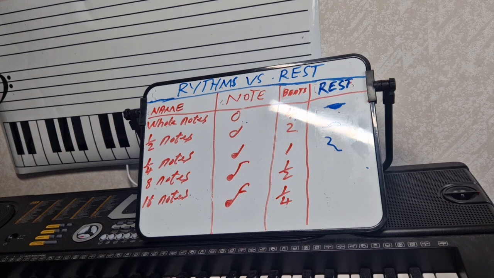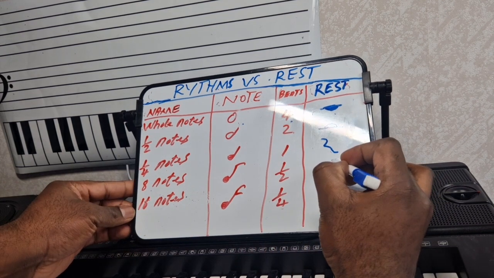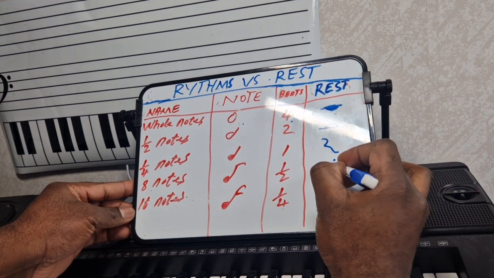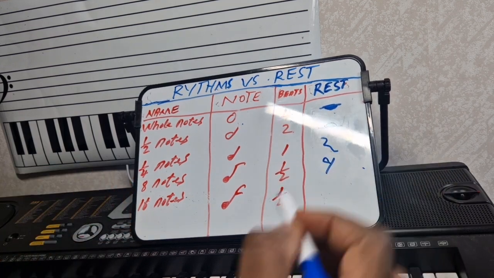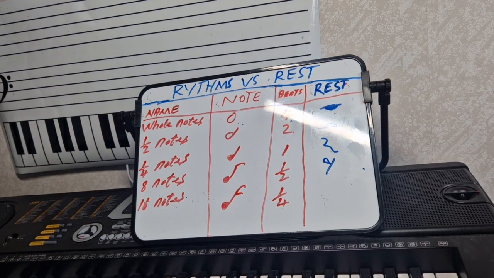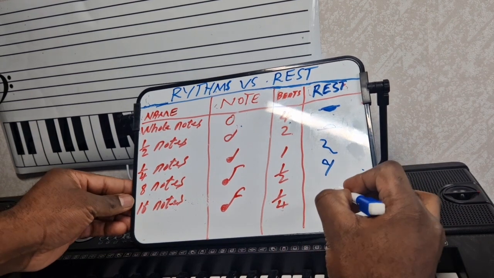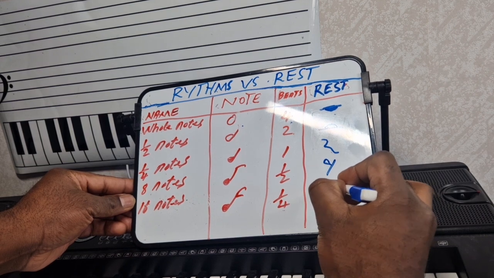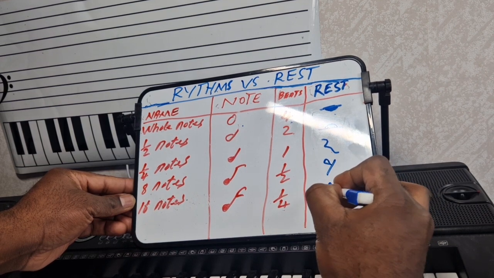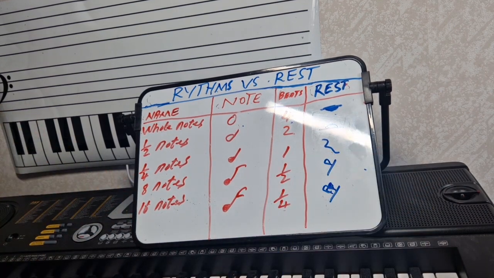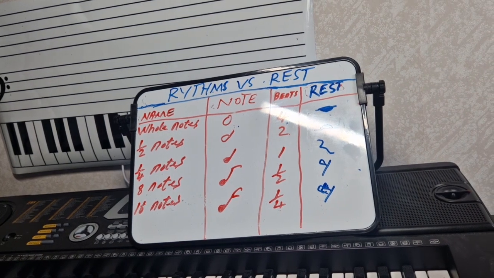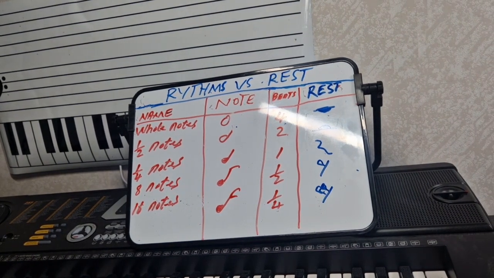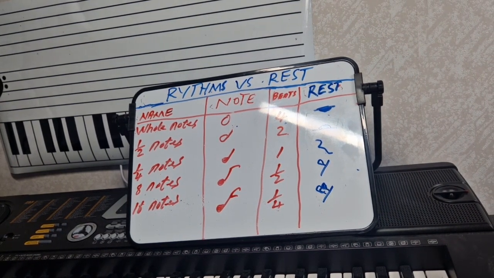And we have the 8th note rest, which is like this. And we also have the 16th note rest, which is double, like this. All right. So that is how you symbolize the different rests of the music notes.